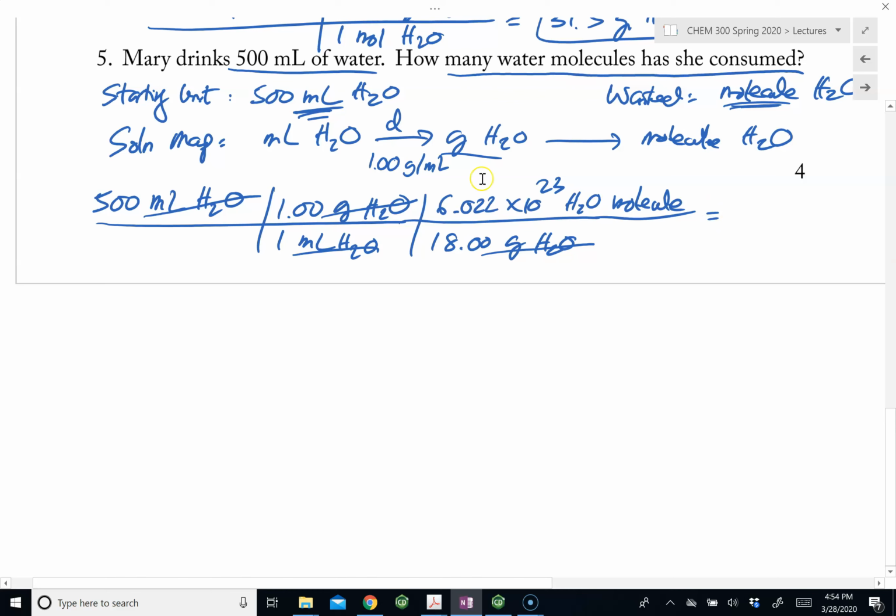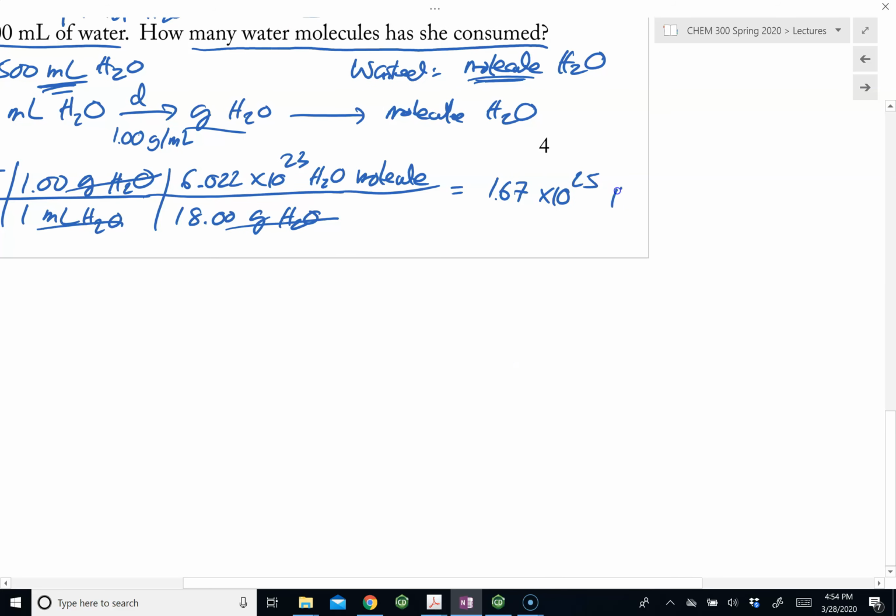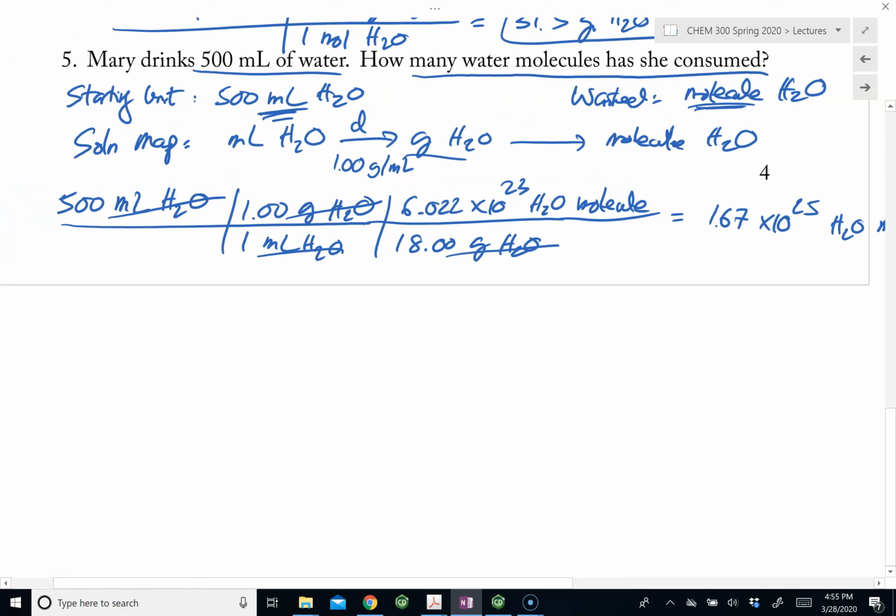So here in this example right here, the answer will then equal 1.67 times 10 to the 25th water molecules. But now let's make sure that we have this rounded correctly. Here in this case right here, 500 milliliters here has only 1 sig fig.